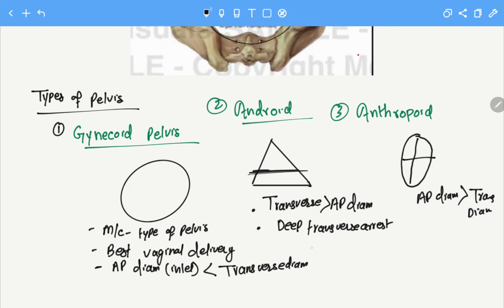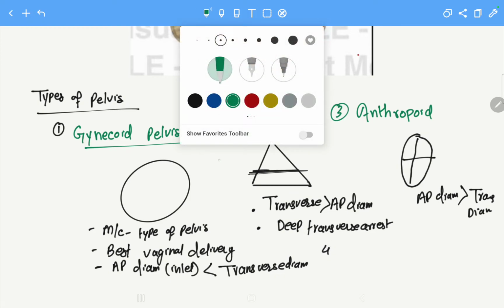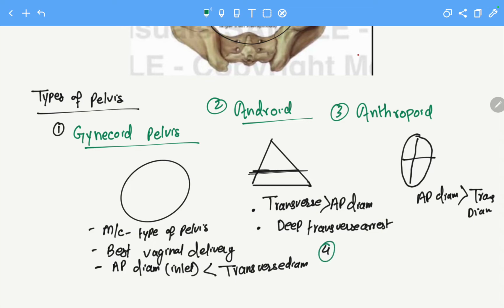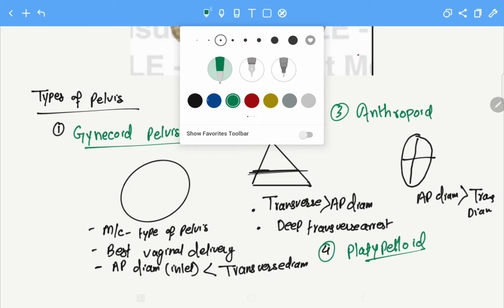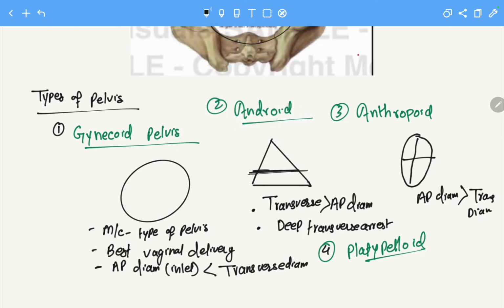The next and last type of pelvis, that is Platyploid. Platyploid type of pelvis, right? So in case of Platyploid type of pelvis, it would be opposite of the Anthropoid.